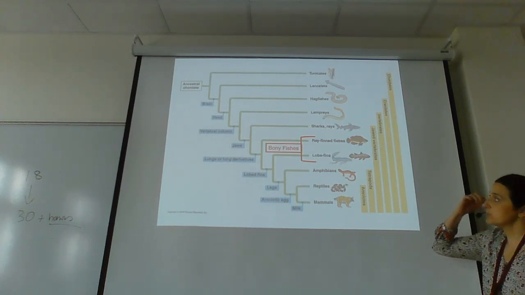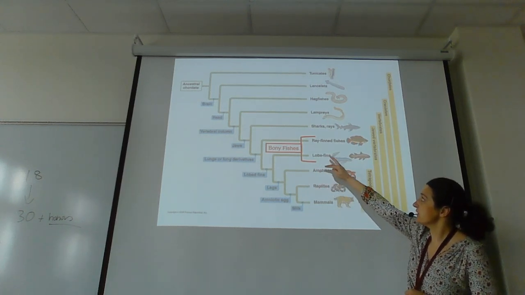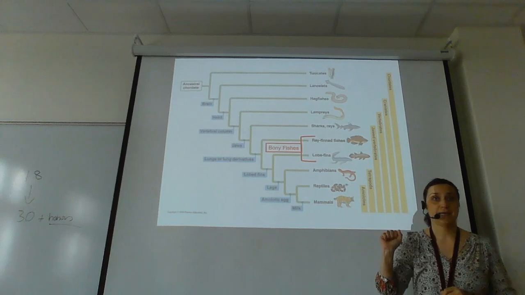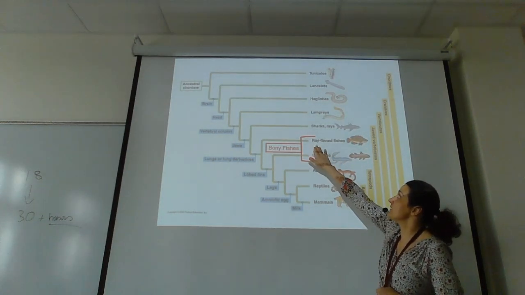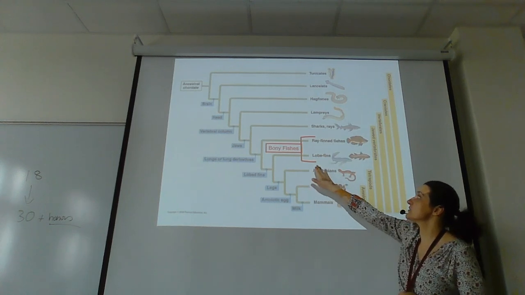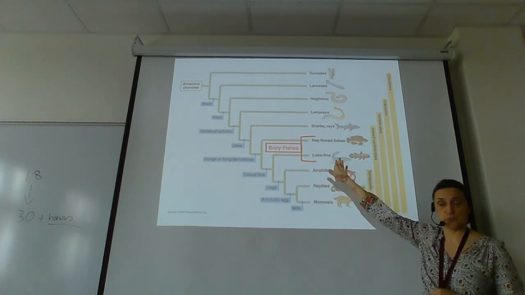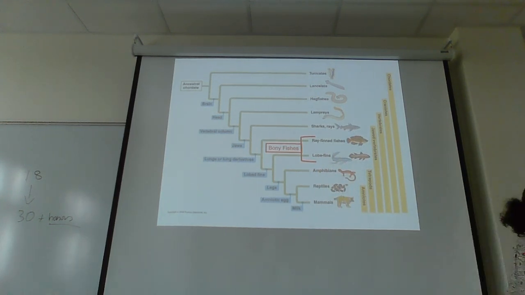When we talk about bony fishes, there are two groups that we're going to look at: the ray-finned fish as well as the lobe-finned fish. You have to be very attentive today because the lobe-finned fish are super important. They represent a passage. We'll see what kind of passage they represent.